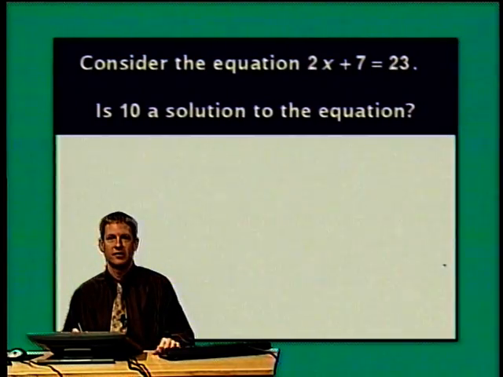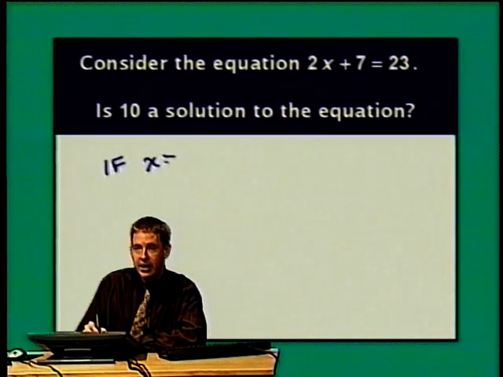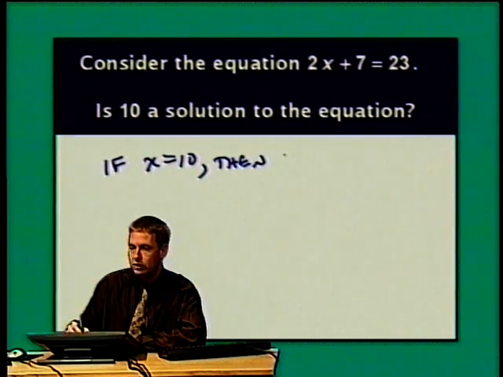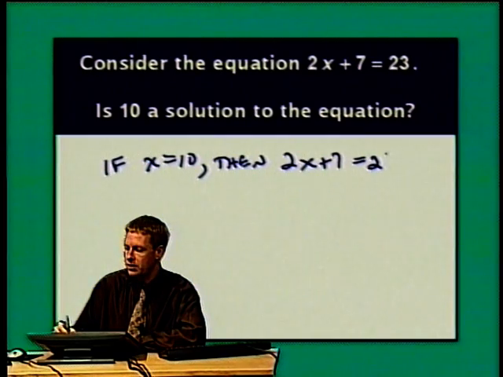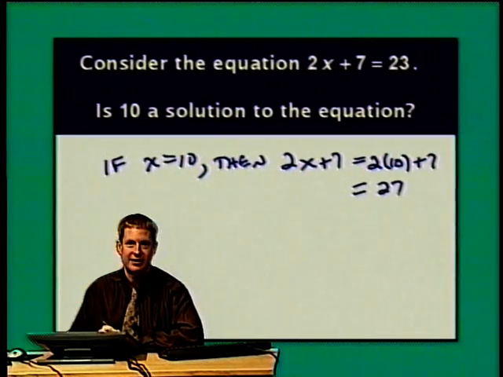Is 10 a solution to the equation? Well, if x equals 10, our variable expression, 2 times x plus 7, is 2 times 10 plus 7. 2 times 10 is 20. Add 7 to that, and you get 27.